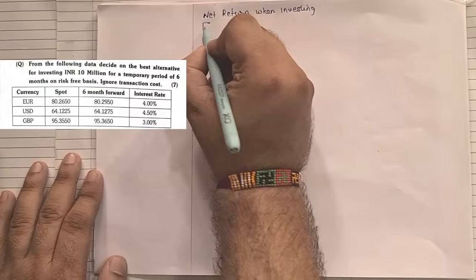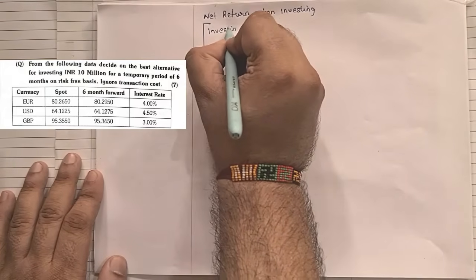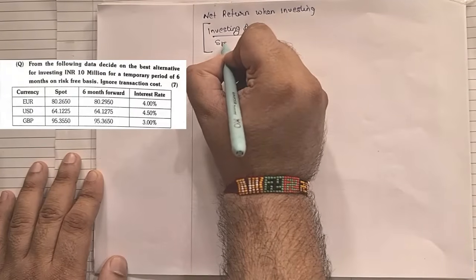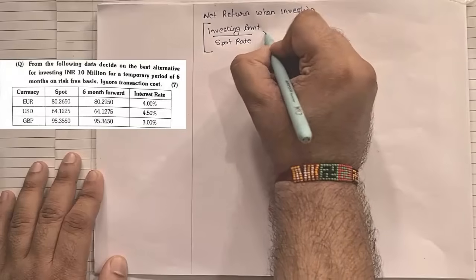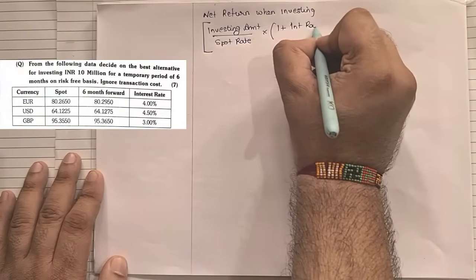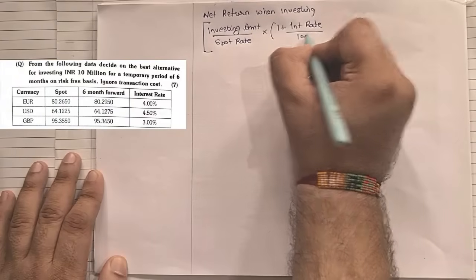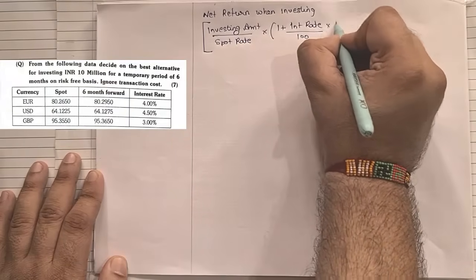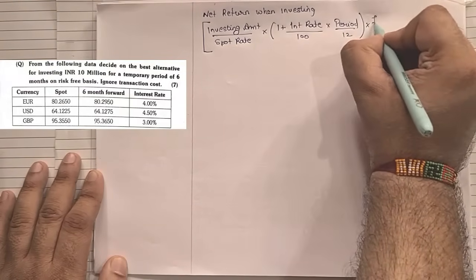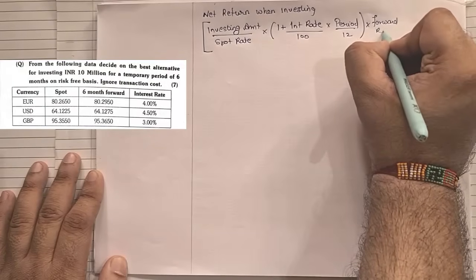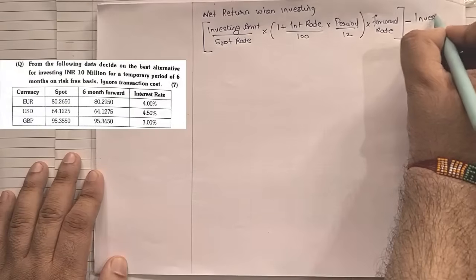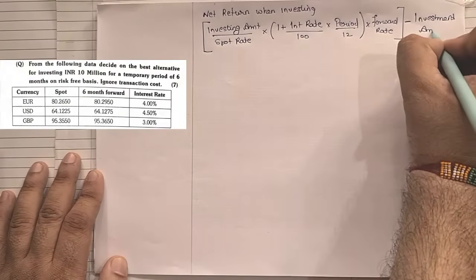The formula is investing amount upon the spot rate into 1 plus the interest rate upon 100 into the period upon 12 into the forward rate, the whole thing minus the investing amount. Okay, so this is the formula.